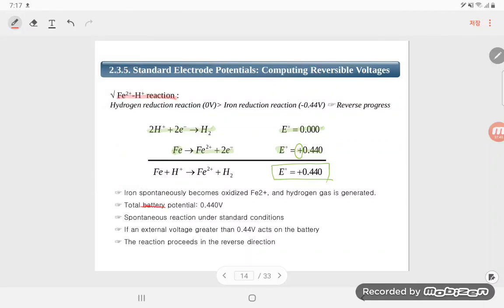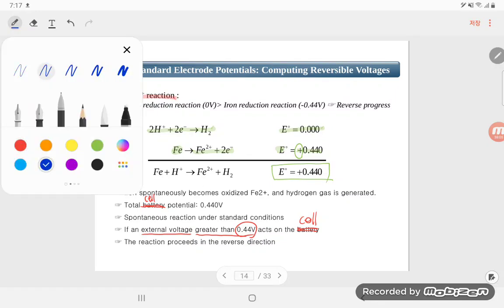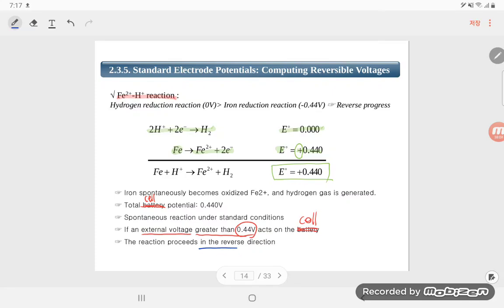Okay, total cell voltage. Okay, and if you apply an external voltage greater than this value to the cell, then this reaction proceeds in the reverse direction.